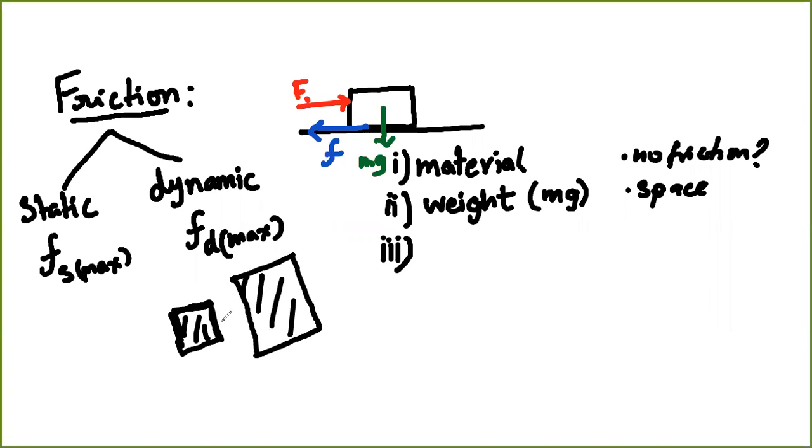Which of these two would have greater friction? Intuitively, our senses would say that the one with the larger surface area will have greater friction. You kind of imagine it as something that can grip the surface. So you would say surface area matters.